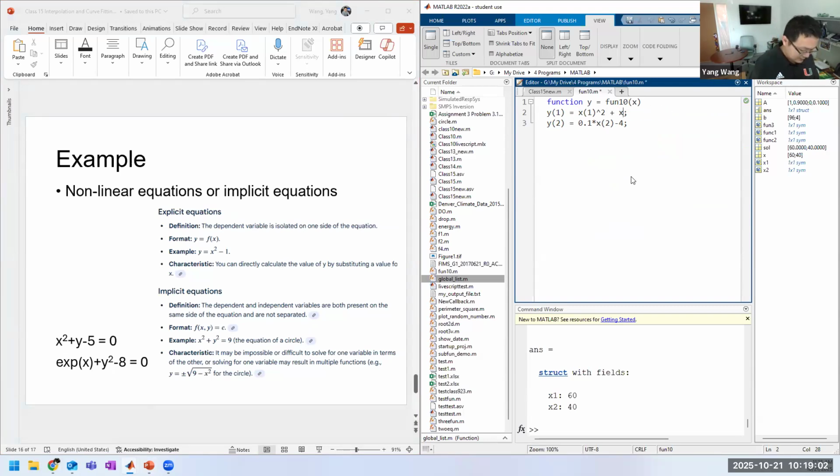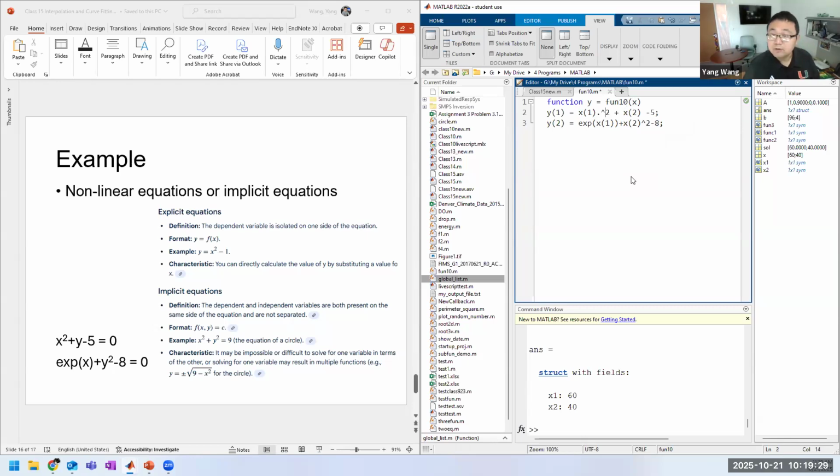Okay, so x1 squared plus x2 minus 5. Right, so x into x1 and then y into x2. So then it's going to be exponential of x1 plus x2 to the power of 2 minus 8.